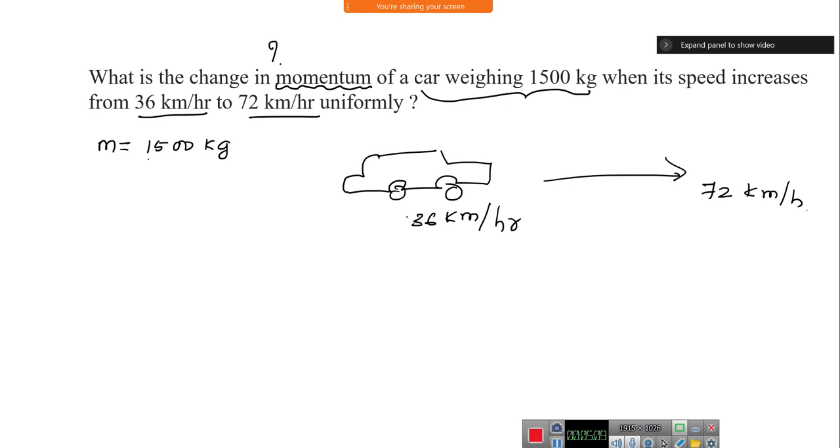That means this is the initial velocity, that is u equals 36 kilometer per hour, and v is equal to, tell me, 72 kilometer per hour. At this moment we have to be a little bit alert, because you see mass is expressed in kg, but u, that is initial velocity, is expressed in kilometer per hour, which you should convert into. Can you tell me?